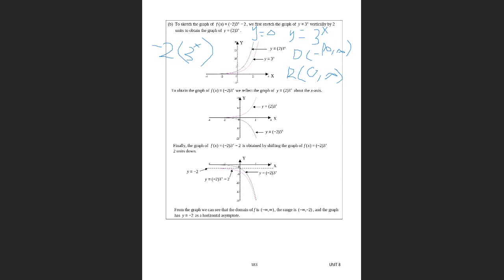So in this case, your domain will still remain from negative infinity to positive infinity.